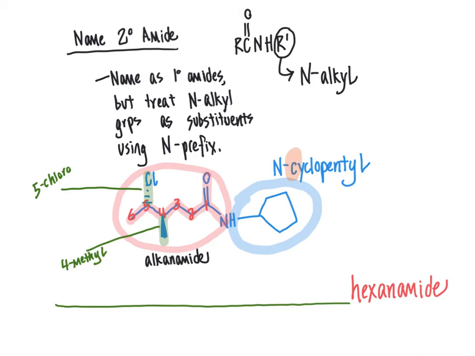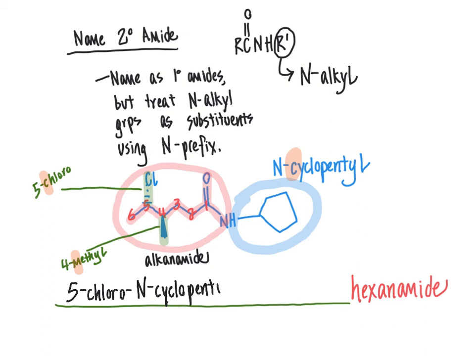So we're going to go based on the C in cyclopentyl, the C in chloro, and the M in methyl. Of chloro and cyclopentyl, chloro comes first in the alphabet, so therefore I'm going to list chloro first in the name here. So it's going to be 5-chloro-N-cyclopentyl, because again, we're treating that N just like it were a number here.